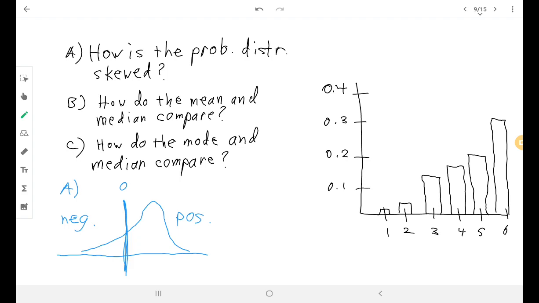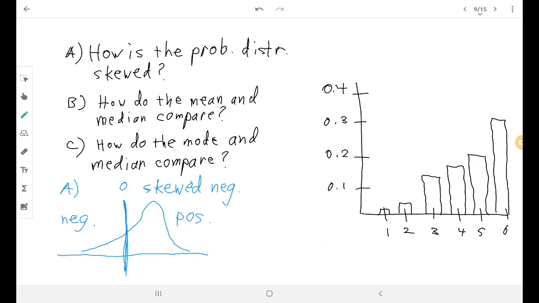So the skew is always where not much is, okay? And the way I always have to think of it is I have to look at where it all is and say the skew is the opposite of that. So this is skewed negatively. Skewed negative. Okay.